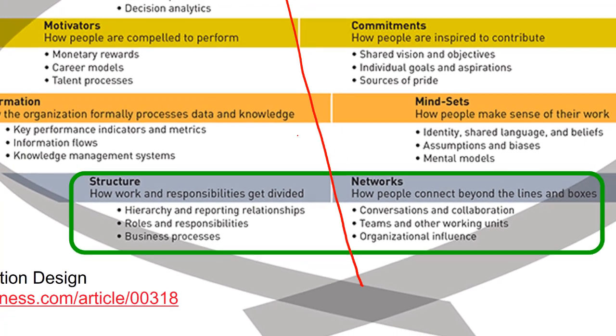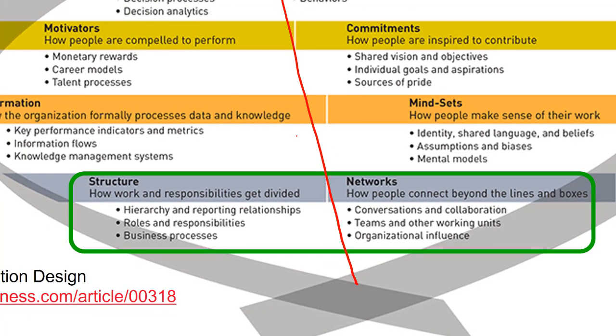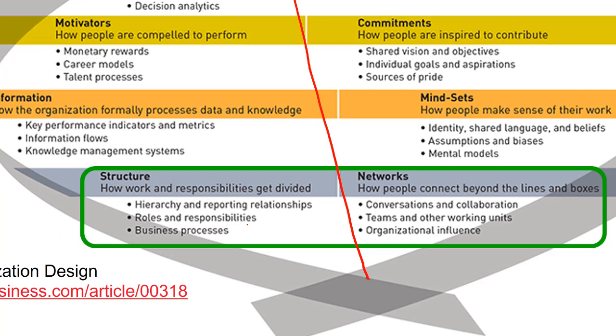The formal part is called structure, the informal part is called network. The structure is how work and responsibility get divided, which are shown as hierarchical and reporting relationships in the organizational chart. There will be clearly specified roles and responsibilities, and we can also describe the business process.